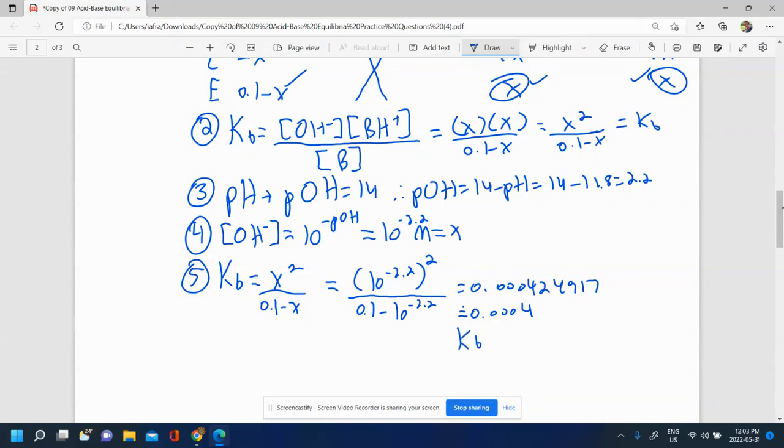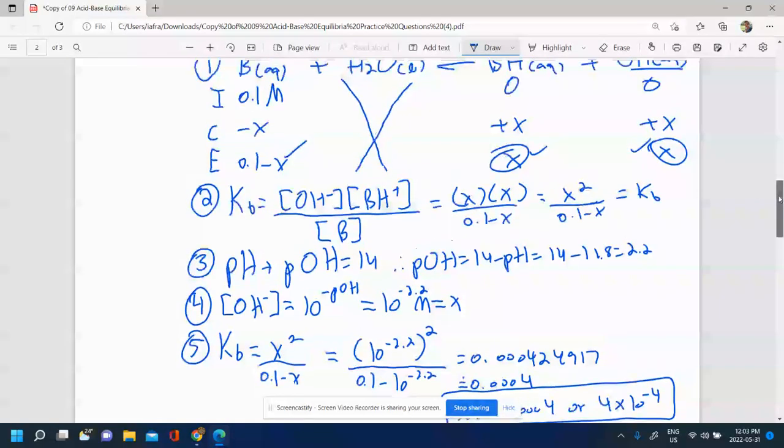So Kb is approximately 0.0004. Or you could say 4 times 10 to the power of negative 4. And this is our Kb value for this weak base.